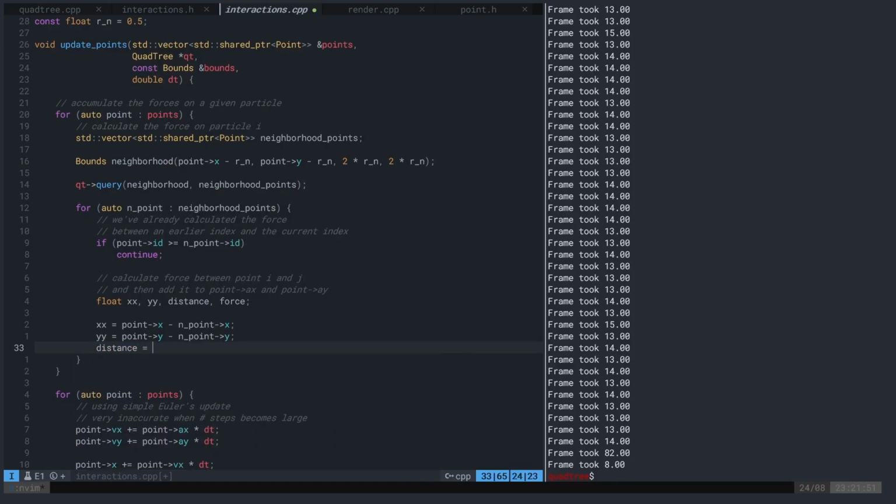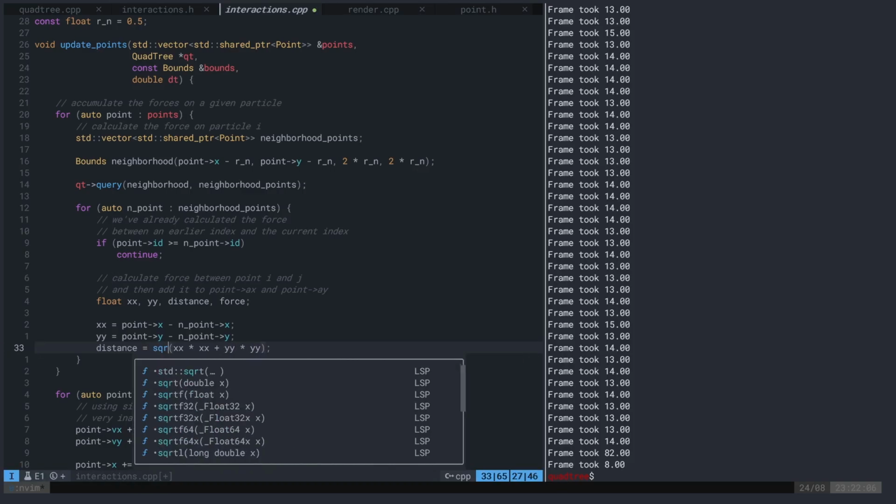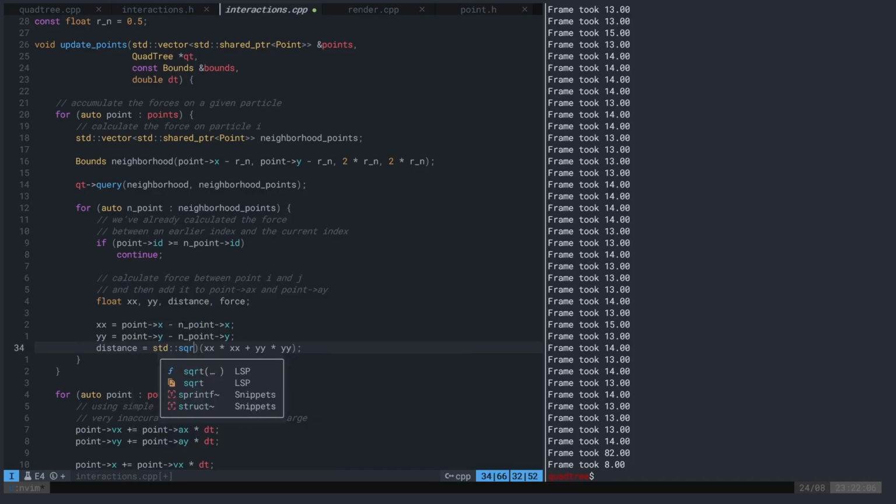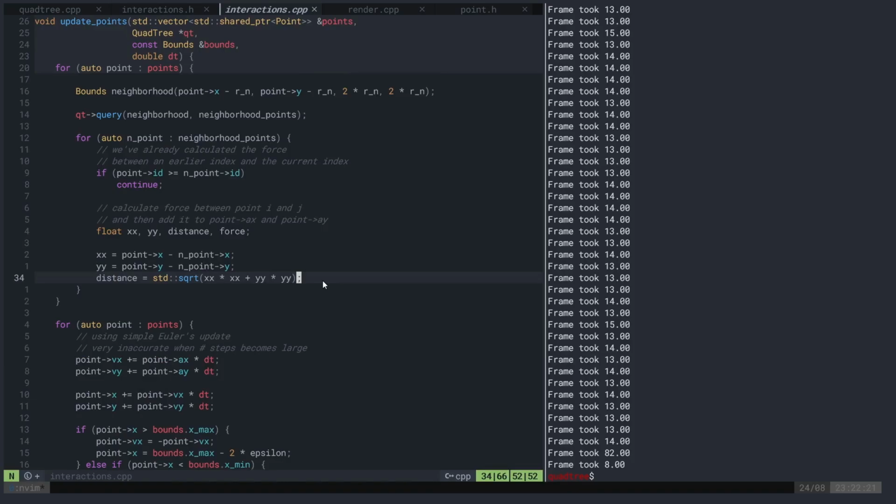And then the distance is just going to be xx times xx plus yy times yy, like so. We should take the square root of this. I think square root is, yeah, like so. So this gives us the actual distance.